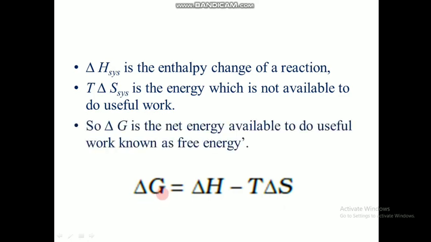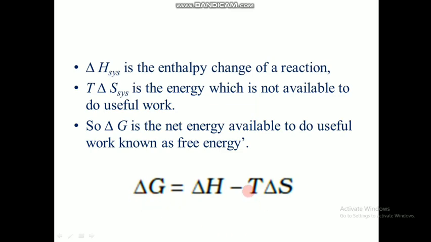So delta G is the net energy available for useful work, and which is also known as free energy, and delta G is also known as Gibbs free energy. So useful work is equal to total work minus unused work. That is a common equation. And when is the condition where we can get the delta G as a negative value?